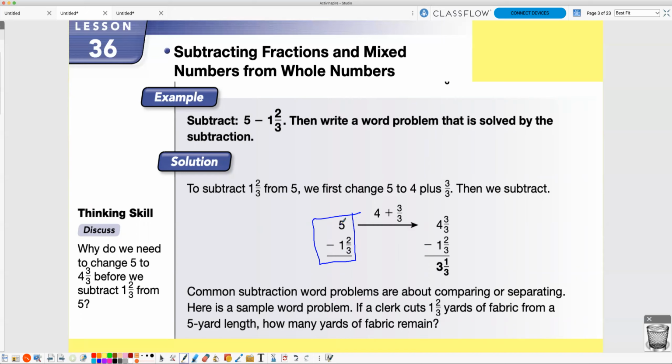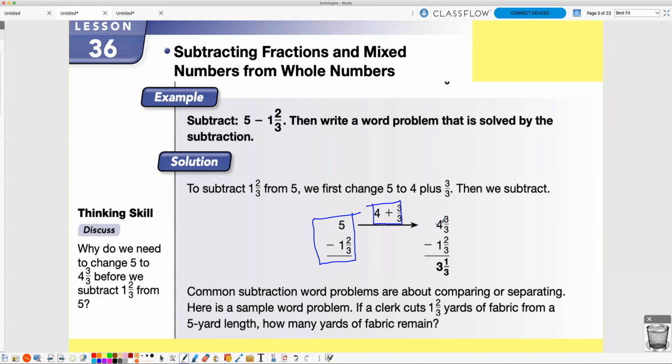So if you have 5, you can convert that into a 4 3/3, which is now the same as 5. See, it's still the value of 5 because 3 divided by 3 is 1, and 1 plus 4 is 5.